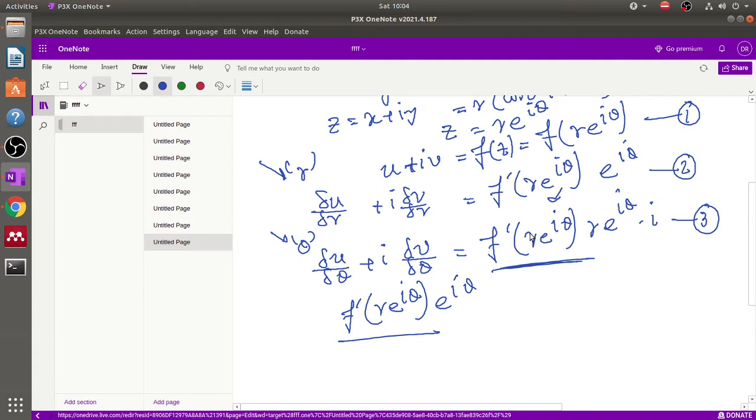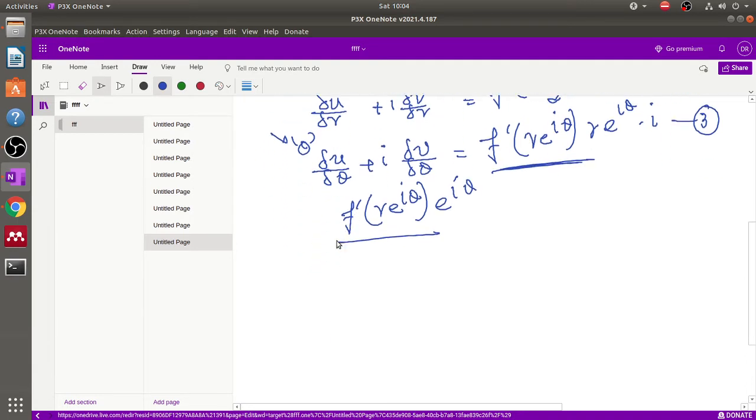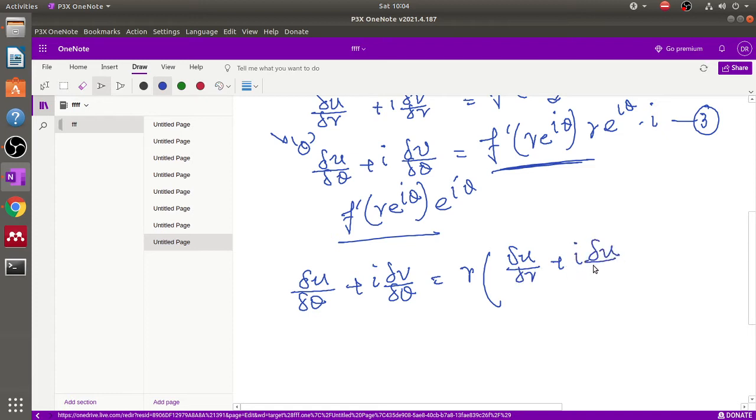So we get the formula: del u by del theta plus i del v by del theta on the left hand side, and on the right hand side we get r del u by del r, another term is r del v by del r, into i.